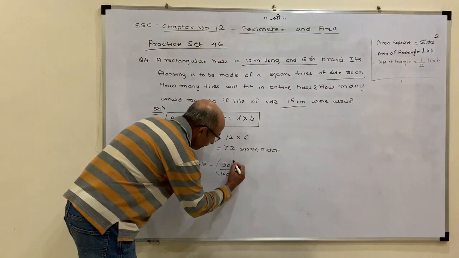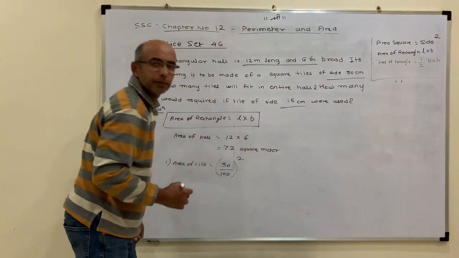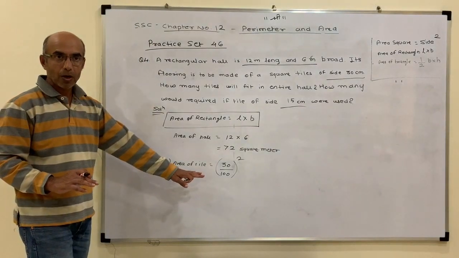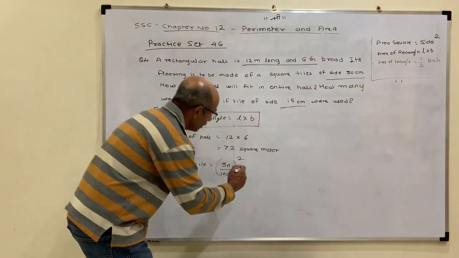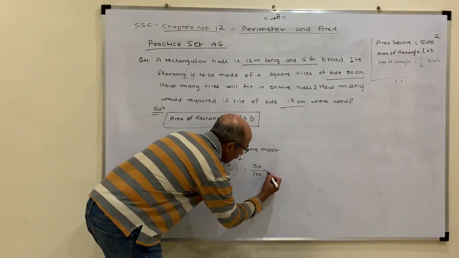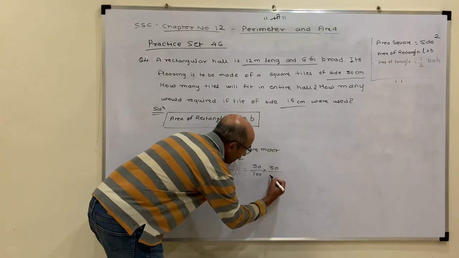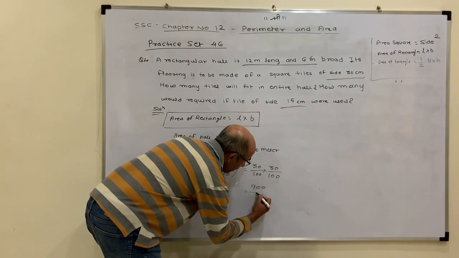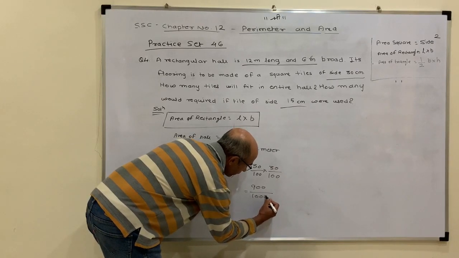So now this complete we need to make square. Since you have already studied indices, I am doing it this way. Or the other way you can do this is by 30 divided by 100 into 30 divided by 100. So it comes out to be 900 divided by 10,000.